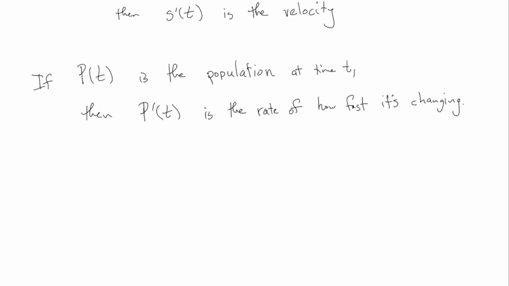So in this case, this is the rate of how fast the population is changing. And in particular, if P prime is positive, the population is growing.